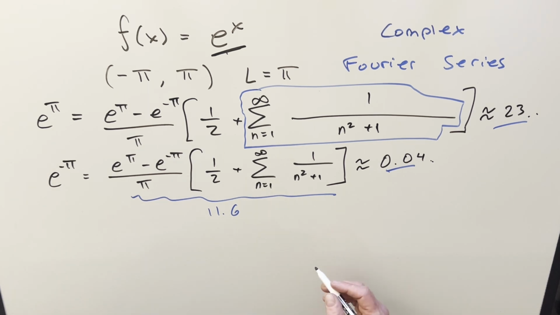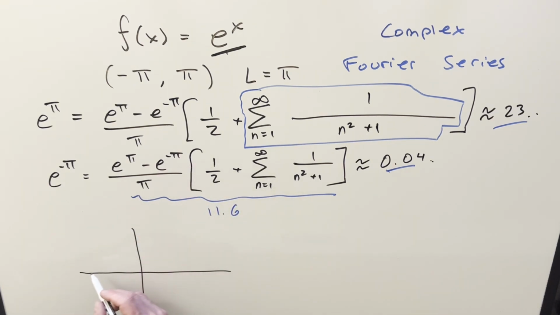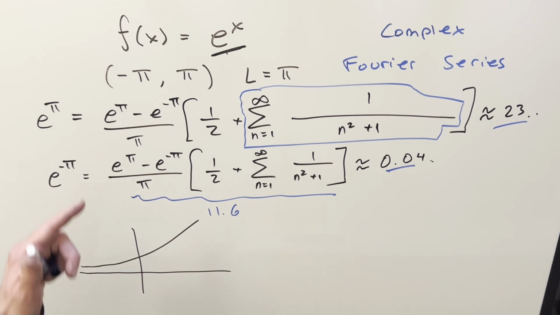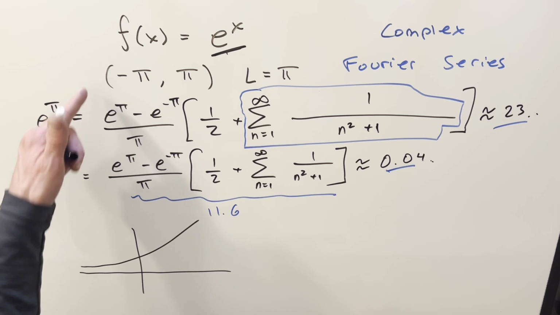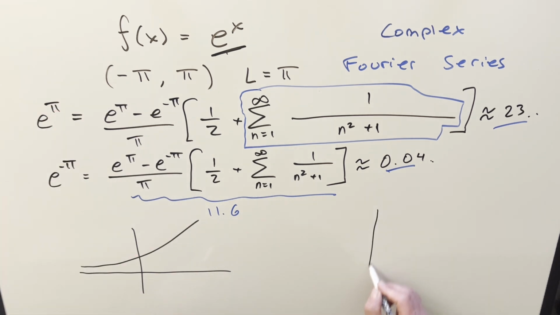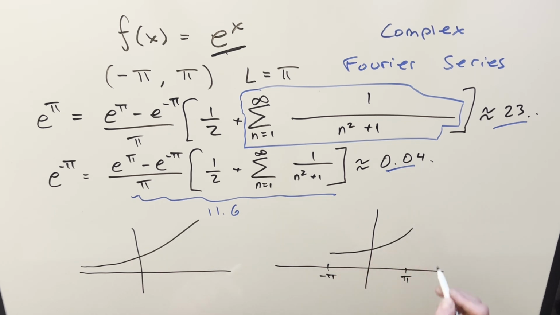So what you could do is graph this, and I can do it very roughly because it's going to be obvious. The graph of e to the x is something like this, right? But our Fourier series is going to be periodic, and it's only going to make sense in this region. So if we say this is minus pi and this is pi, it's going to match in this region.